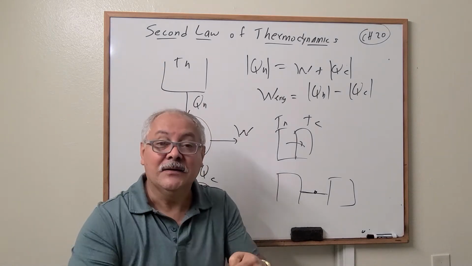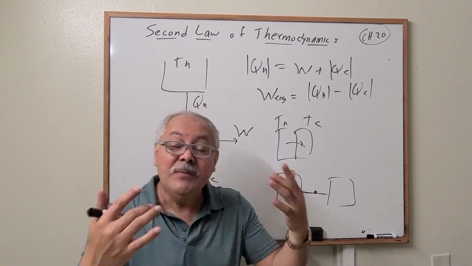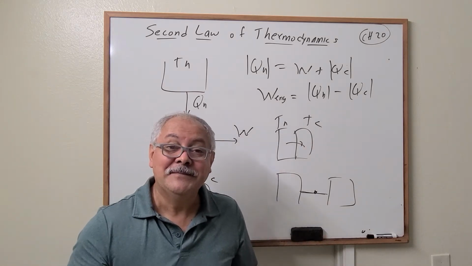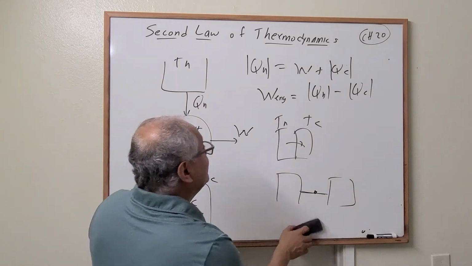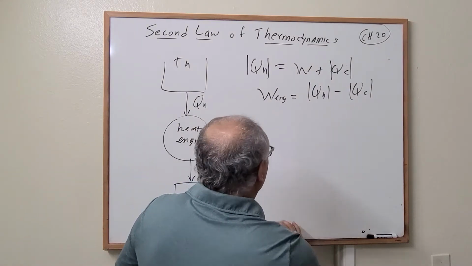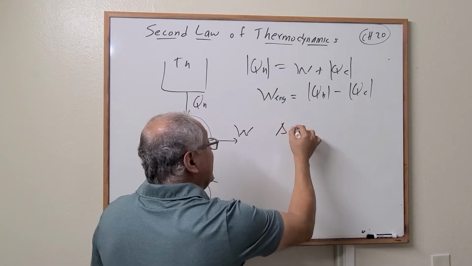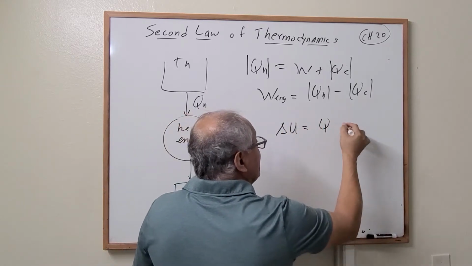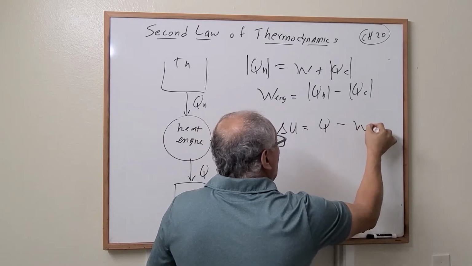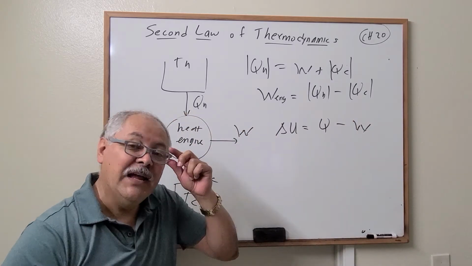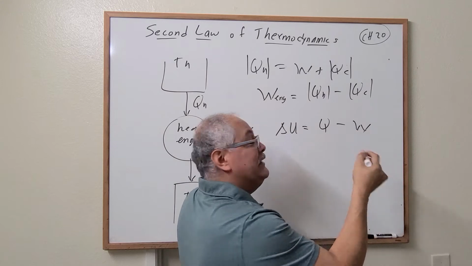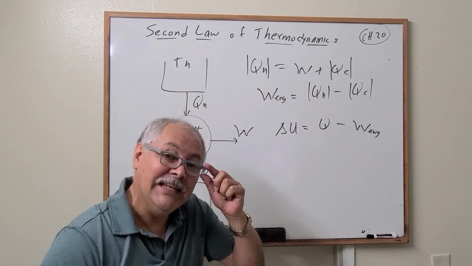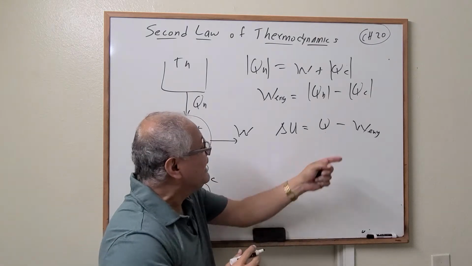When that happens, the change in internal energy is zero. Applying the first law of thermodynamics, the change in internal energy equals heat minus work. In this case, we're dealing with the engine, so this is the net work done by the engine, and this is the net heat.